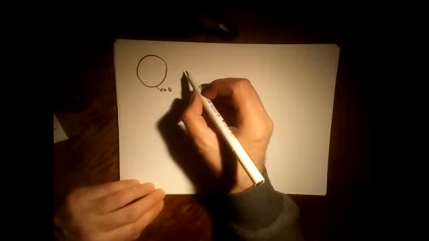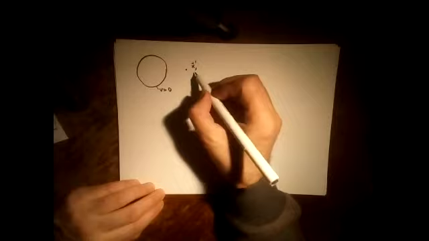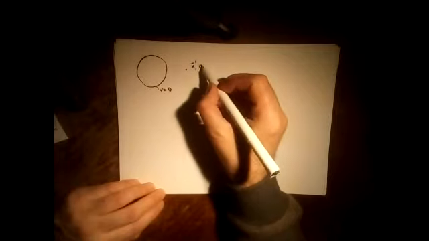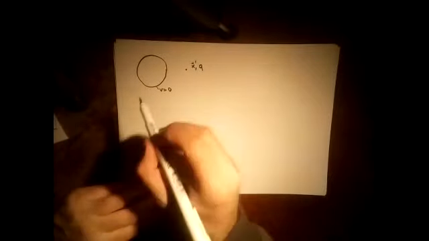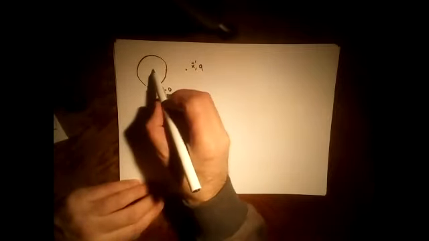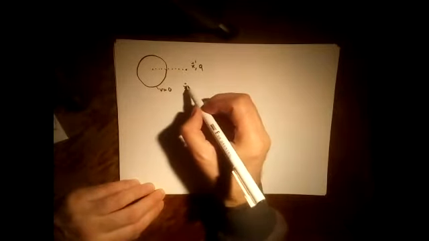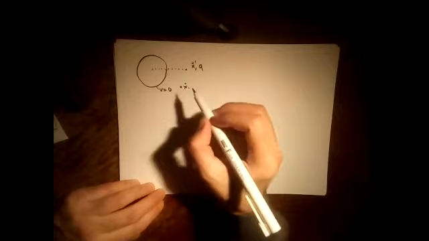I put some charge q at position x prime, and we're going to take the center of the coordinate system to be the origin. What I'm going to be concerned with is the potential at some other point x.